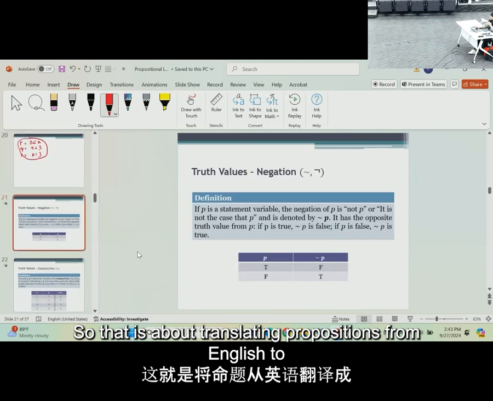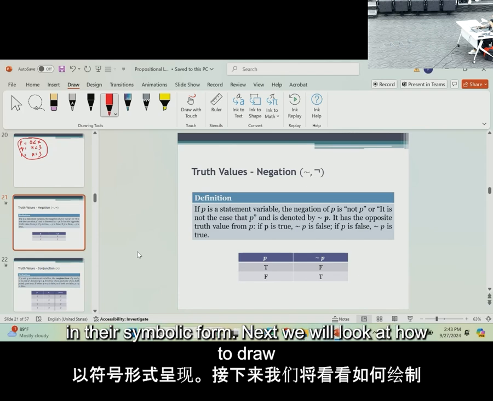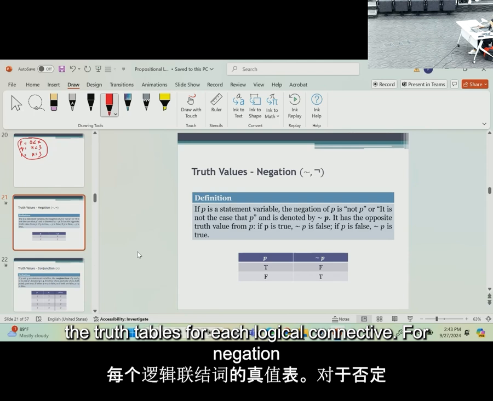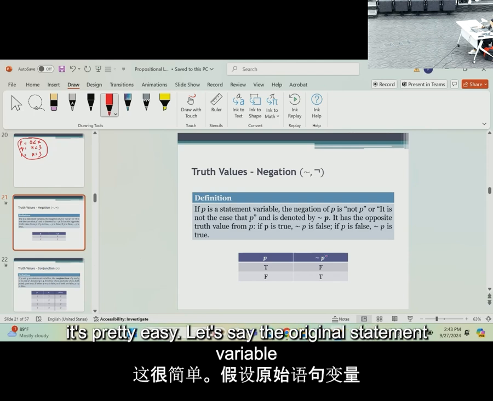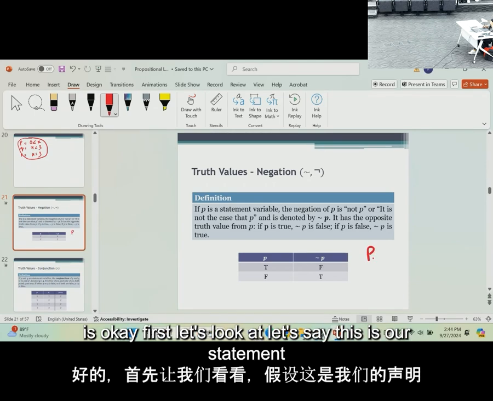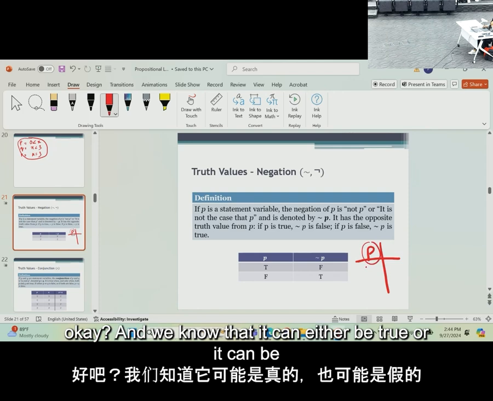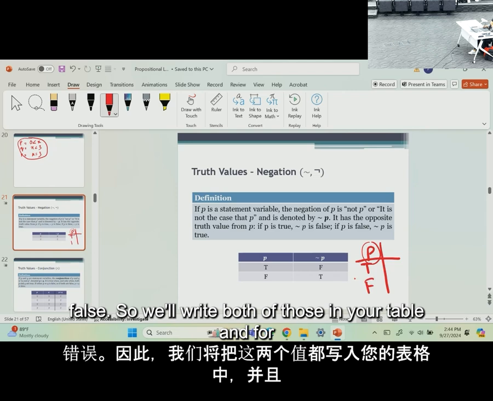So that is about translating propositions from English to their symbolic form. Next, we will look at how to draw the truth tables for each logical connective. For negation, it's pretty easy. Let's say this is our statement, and we know that it can either be true or it can be false, so we will write both of those in the table.